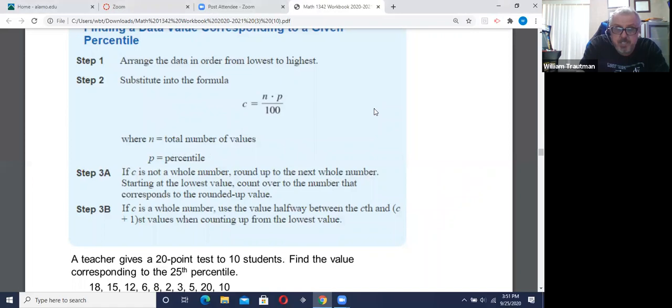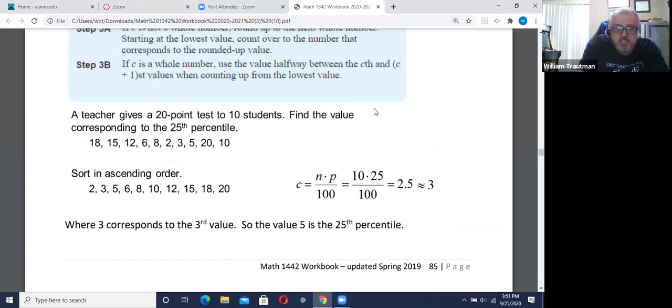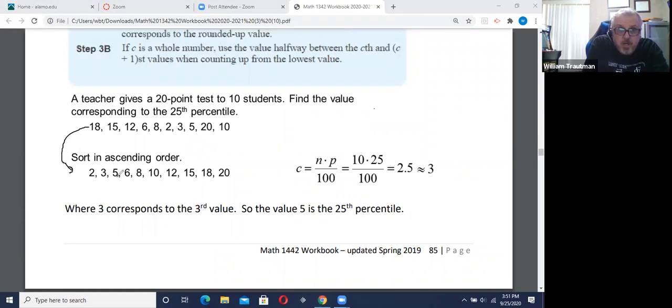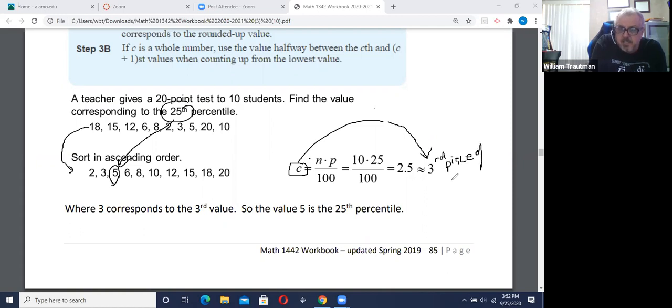So we got 3 and they got 3. If you have the data in order, here's our data, we put it in order. Our third value is right here. C is the third piece of data.